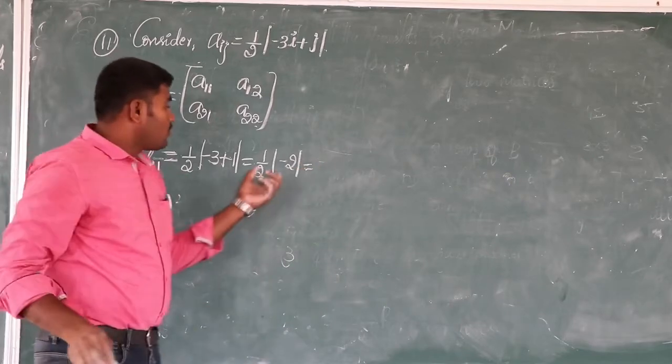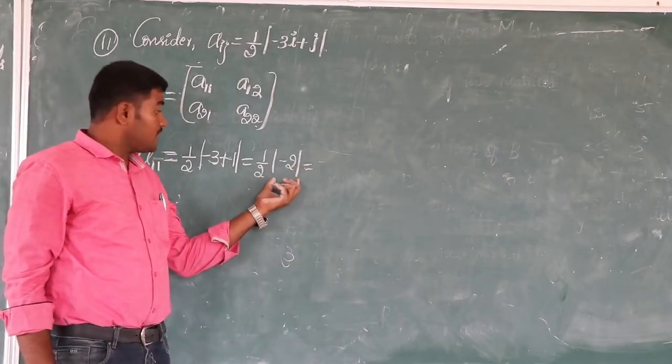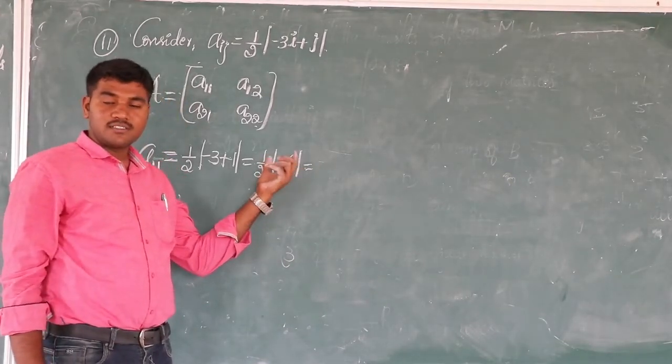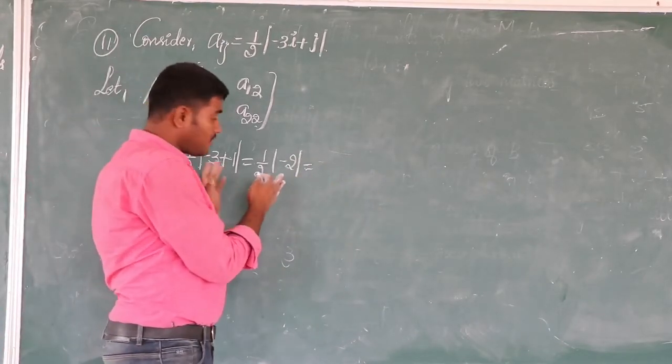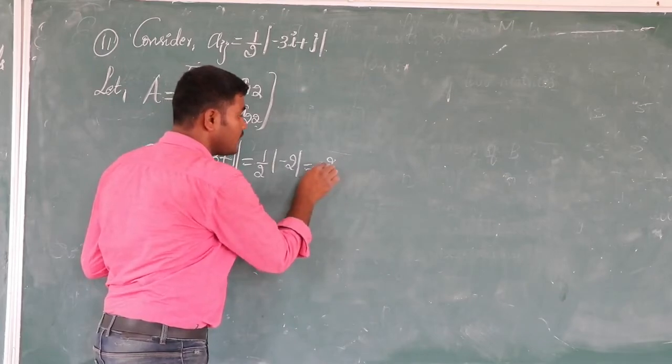See here, the modulus sign is there. Modulus means distance, and distance is never negative, so we have to take it as a positive quantity: 2 by 2, that becomes 1.